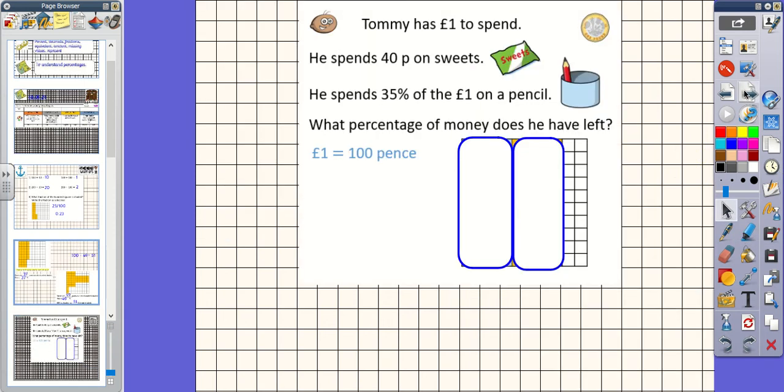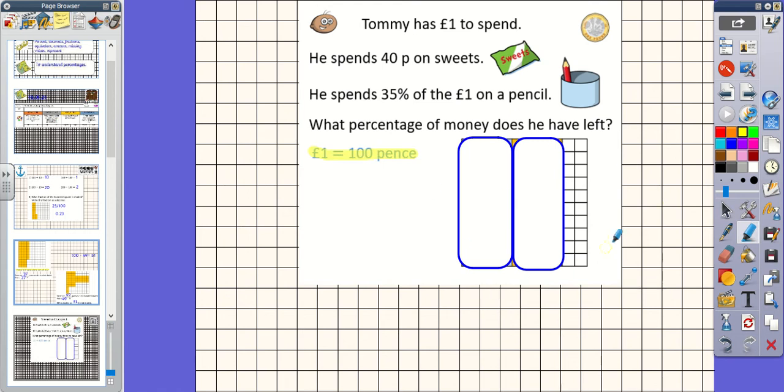Okay, so here we have a word question. Tommy has £1 to spend. He spends 40 pence on sweets. He spends 35% of the pound on a pencil. What percentage of money does he have left? So here we've been given a little bit of a hint that £1 equals 100 pence.